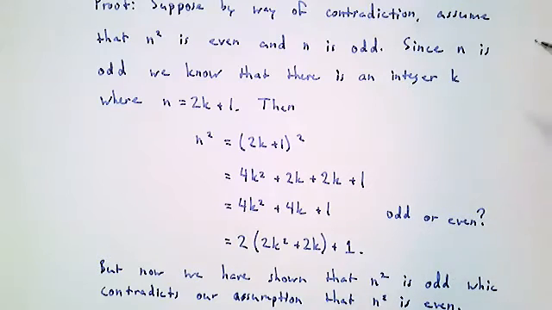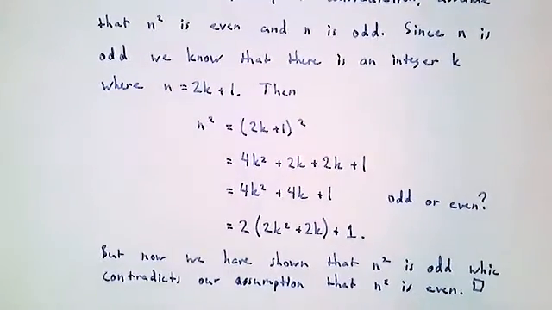And since a number can't be both odd and even, that means we have the contradiction that we were looking for. So this is where we stop. Are there any questions over this example of proof by contradiction?